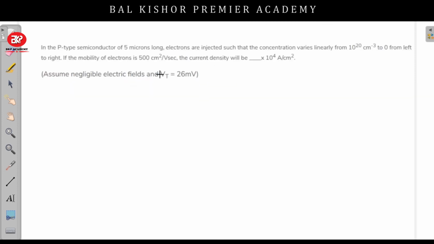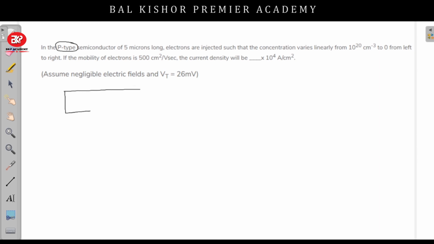So जो next question है, ये वाला मेरा next question है. So in this next question you can see that it is written that in a p-type semiconductor, मेरा material है p-type semiconductor, 5 microns length long है. So मेरे पास एक p-type semiconductor है.